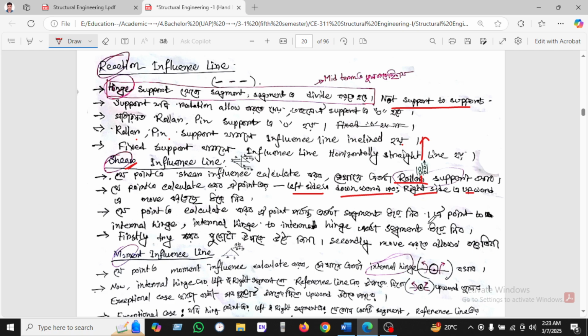When we calculate at a particular point, we will imagine that as a segment. From that point to an internal hinge, and from internal hinge to internal hinge, we consider a segment. This is important for how we will calculate.